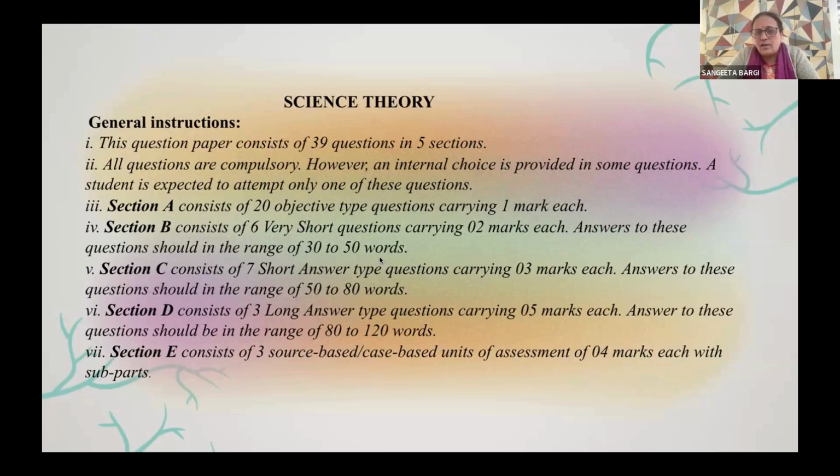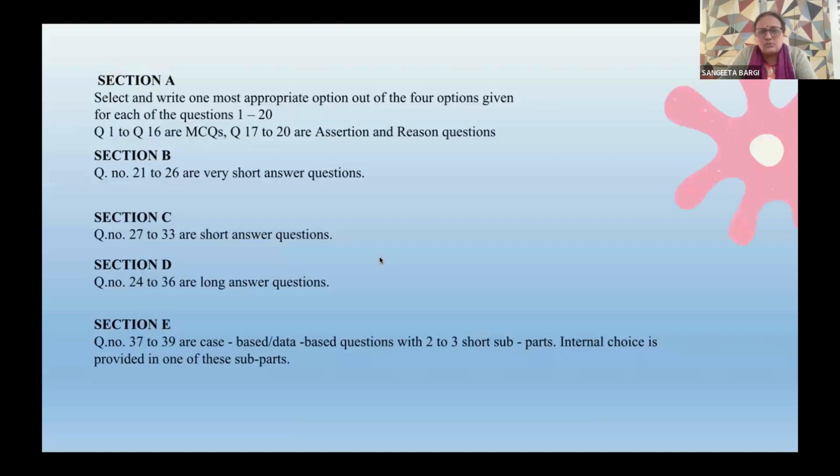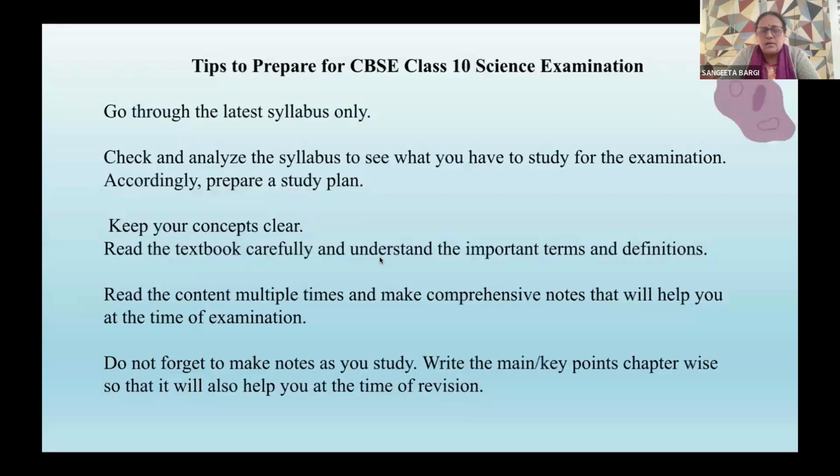Similarly, section D will have long answer type questions carrying 5 marks, for which the range of words has been specified. And section E has 3 source-based or case-based questions of 4 marks, having 3 subparts: A, B, and C. The subpart C will have an option that is having 2 marks. So that is the design, as I have just told.